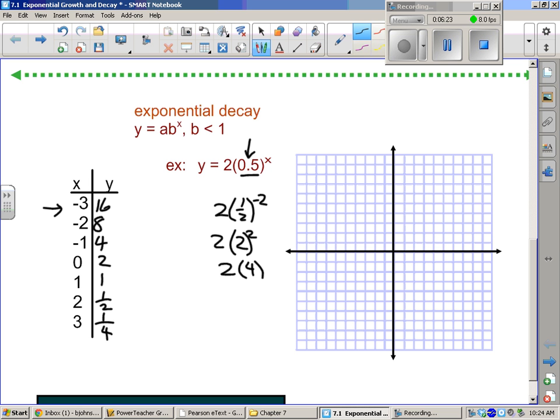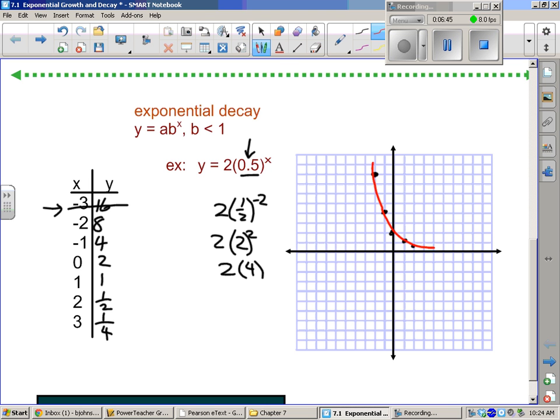This looks a little too big, and, well, we'll try the other one. 1/4 might be too small. So negative 2, 8 is here, negative 1, 4, 0, 2, 1, 1, 2, 1/2. That's good. 3, 1/4. I don't think I can get that to look with my big dots.